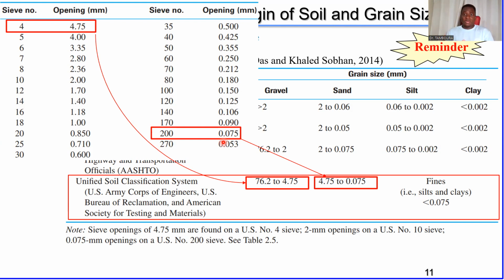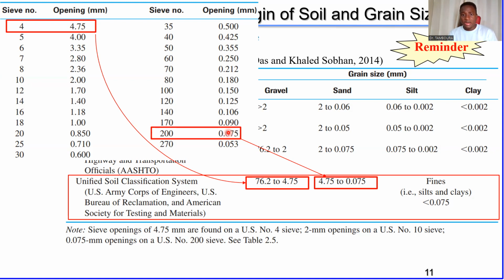Remember that if 50% of soil passes the sieve number 200, the soil will be considered as fine soil. And if 50% of the soil doesn't pass sieve number 200, then the soil is coarse-grained soil.